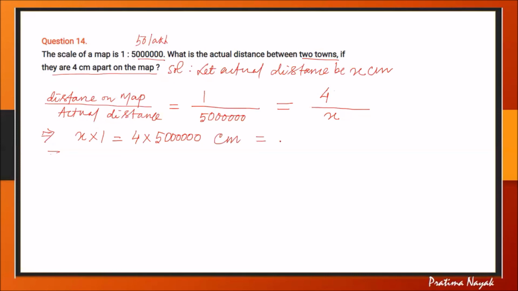Now I'll convert into kilometer. It will be 4 into 50 lakhs. I'm not multiplying first. I'll divide: to convert this to meter, I'm dividing by 100. Then to convert into kilometer, I'm dividing by 1000. Now you cancel.